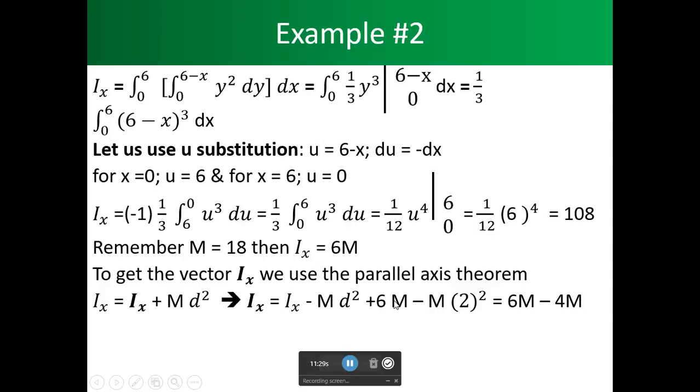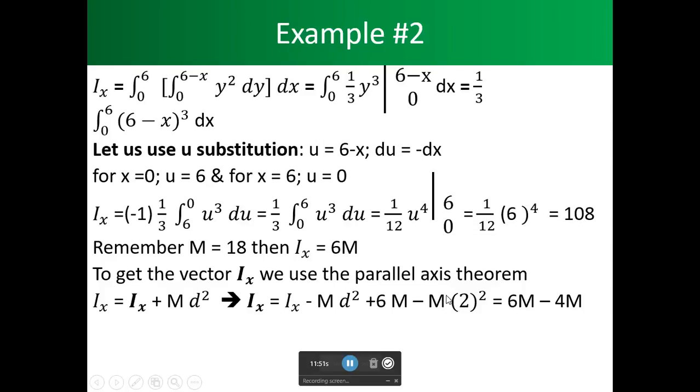And now we have this is equal to 6m minus m times d to the 4th power.